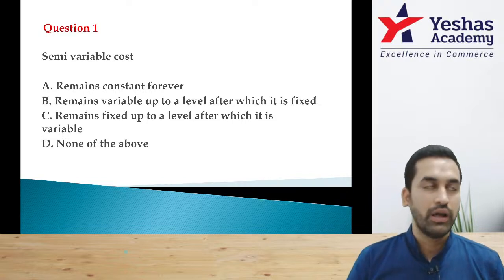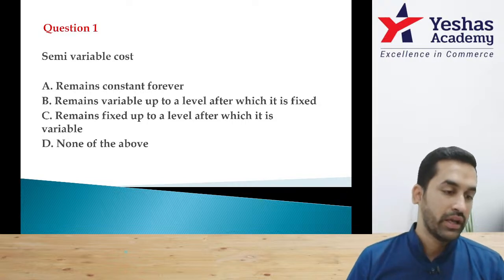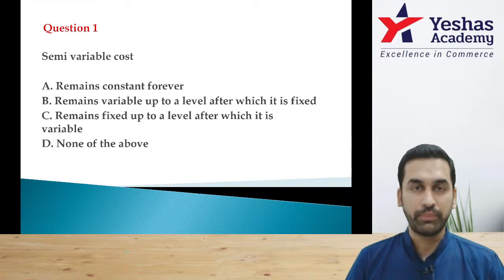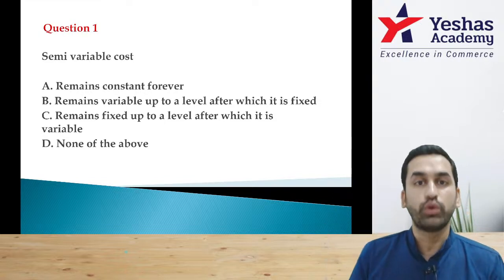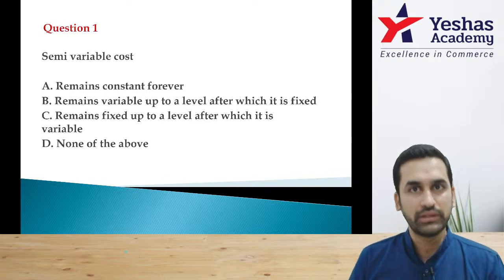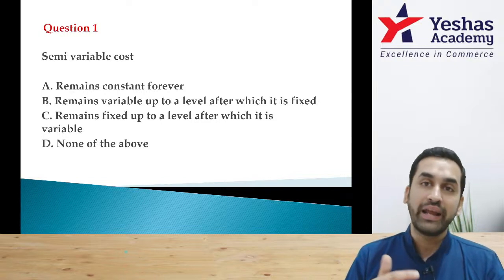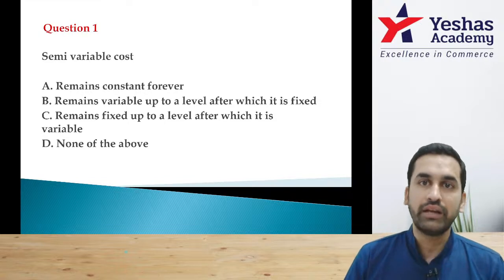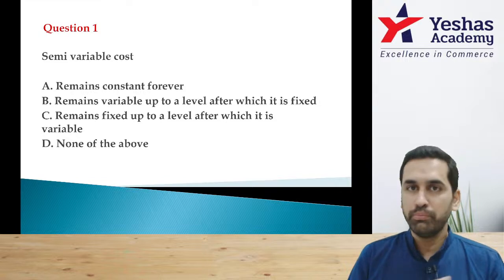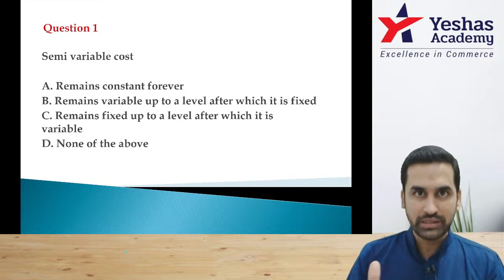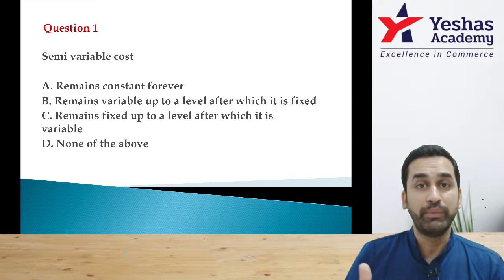Electricity, power bill, landline telephone connection, even auto charges from one place to another: up to a level, say up to 2 kilometers, auto charges are the same, 30 rupees. After that, for every 0.1 kilometer, there will be additional charges. Correct? Therefore, electricity bill also is a minimum 200 rupees every month, plus depending upon power consumption you will be paying.